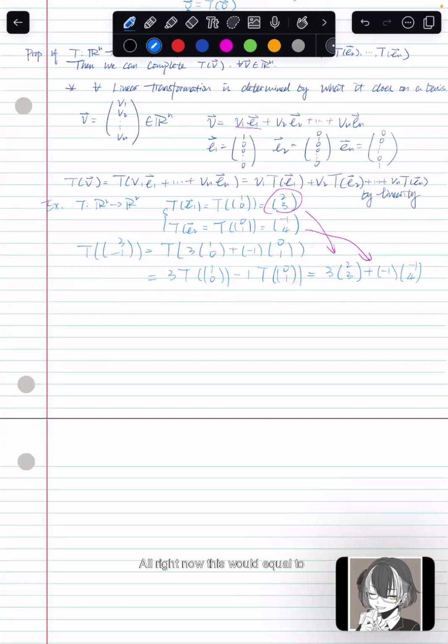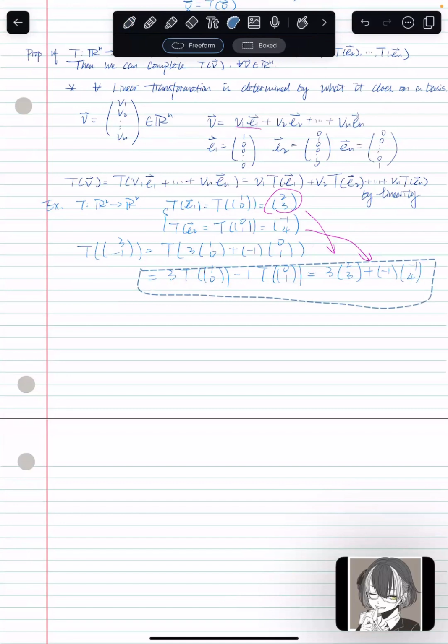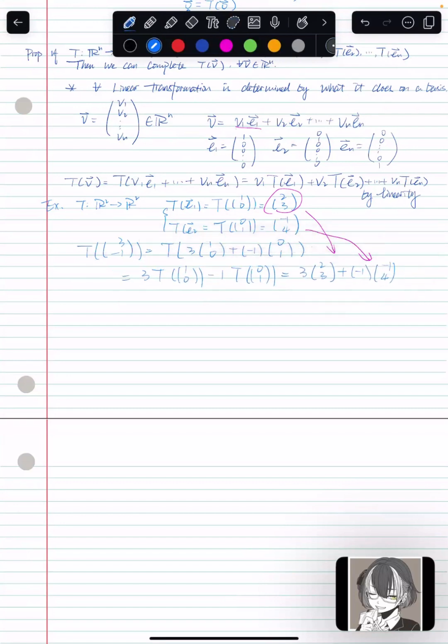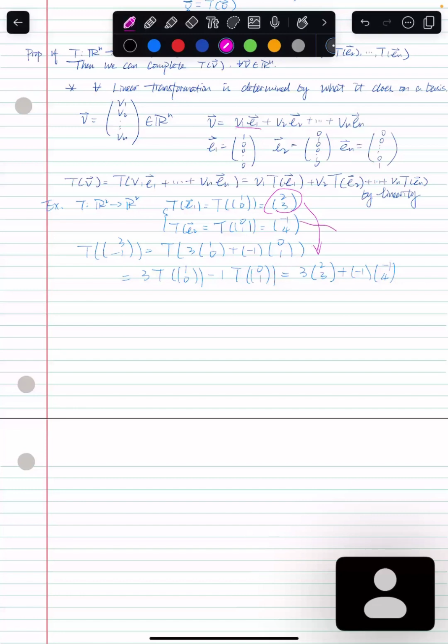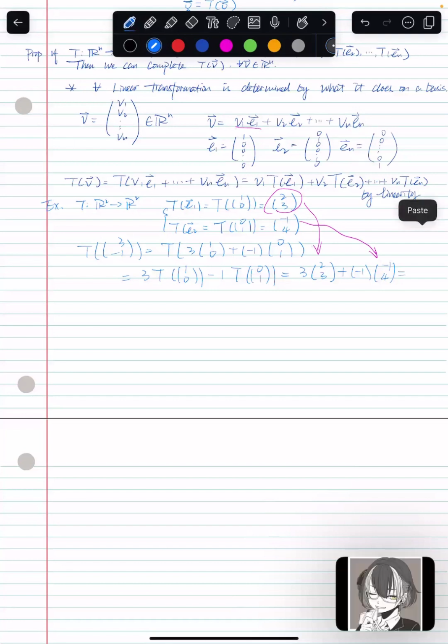All right, now this would equal 6 plus 1, 7, and 9 minus 4, 5.